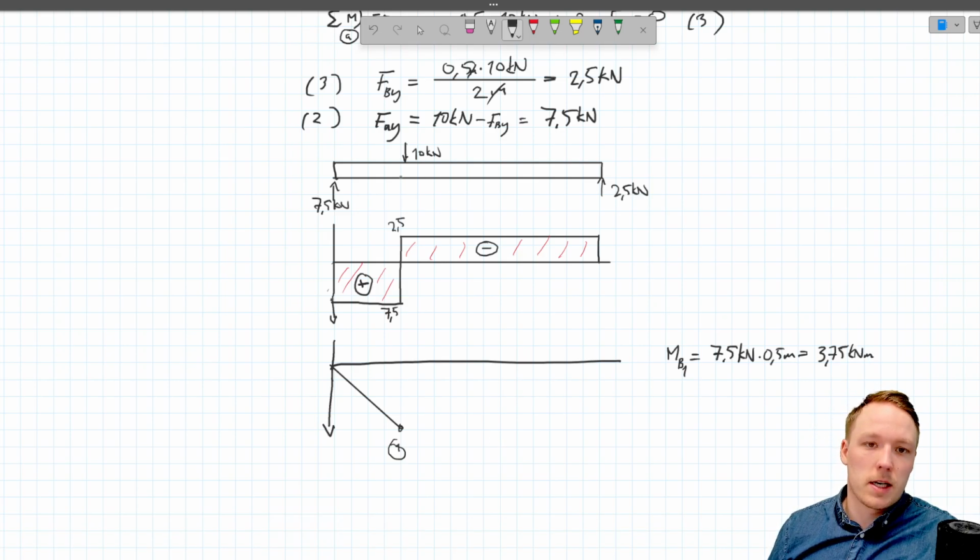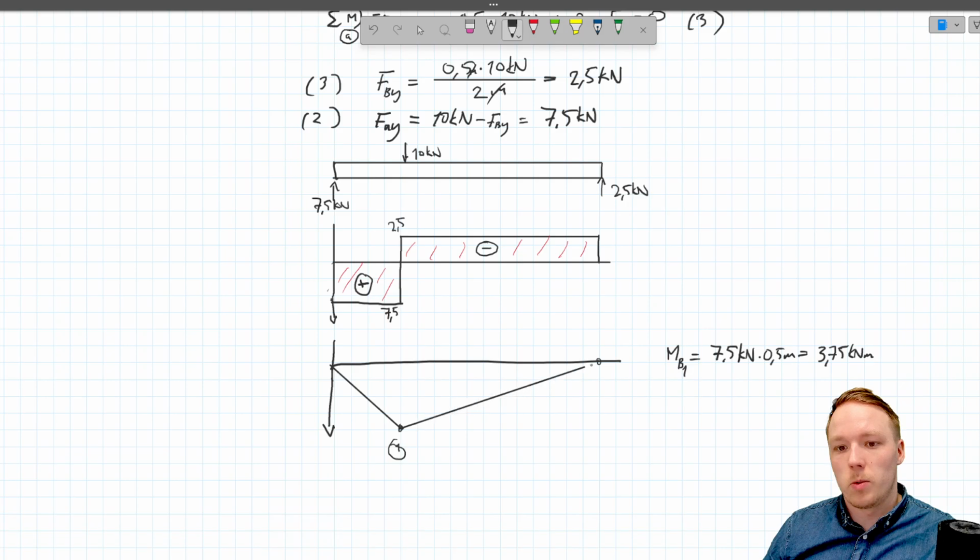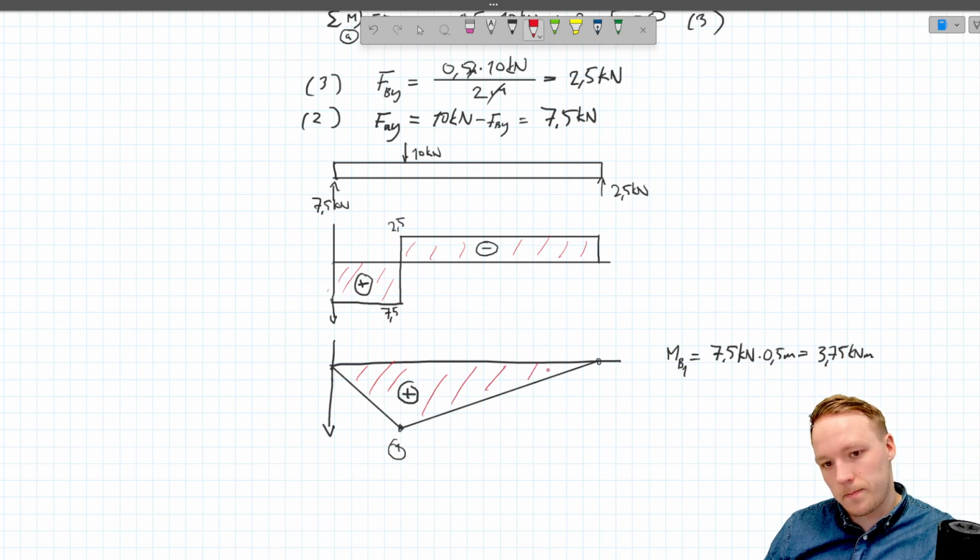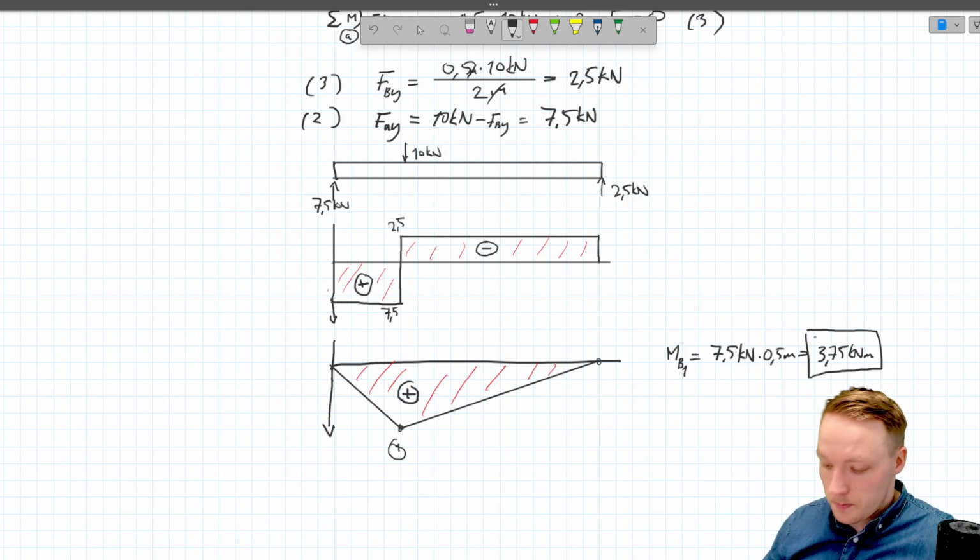And then we have this external force here, which starts to reduce because it's pointing the other direction, and at the end we must land to 0. It means that when we start drawing the line, we will end up to 0, like so, and the bending moment inside the material is positive, like that. And now we see that the maximum value of bending moment in our structure is 3.75 kilonewton meters.